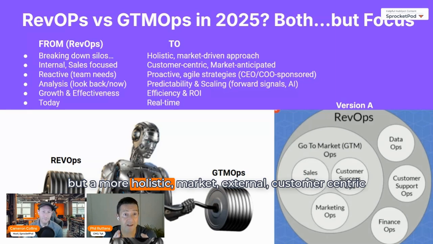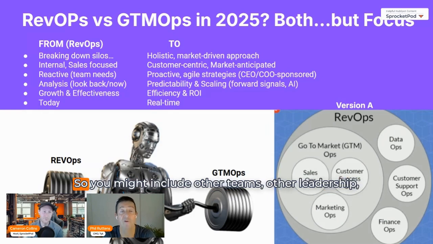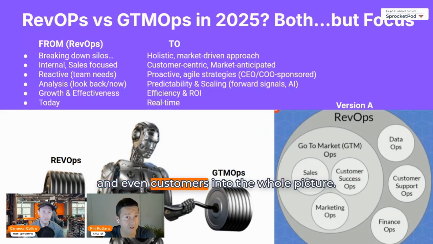But a more holistic market, external, customer-centric approach is usually what GTM and GTM Ops is about. So you might include other teams, other leadership, and even customers into the whole picture.